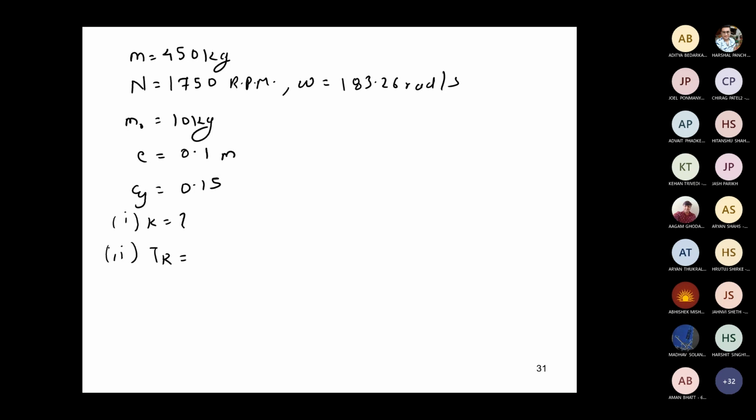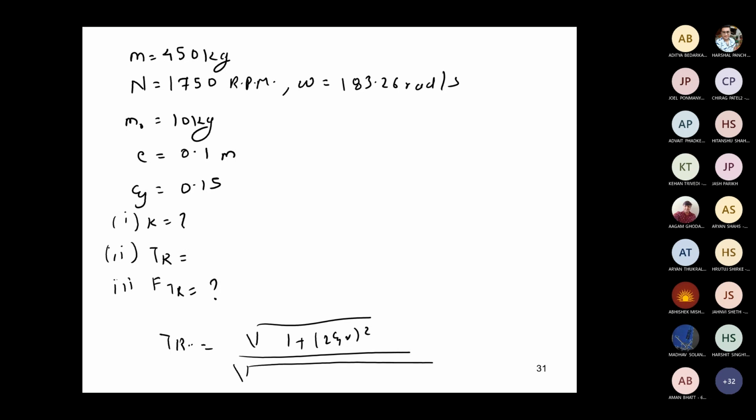What is the transmissibility ratio? Can somebody tell me? Transmissibility ratio is equal to square root of 1 plus 2 zeta r whole square upon square root of 1 minus r square whole square plus 2 zeta r whole square.